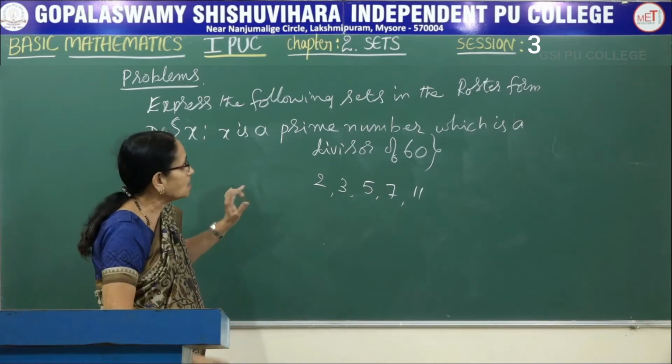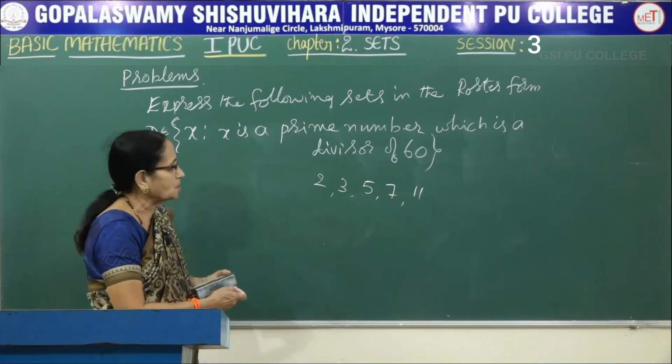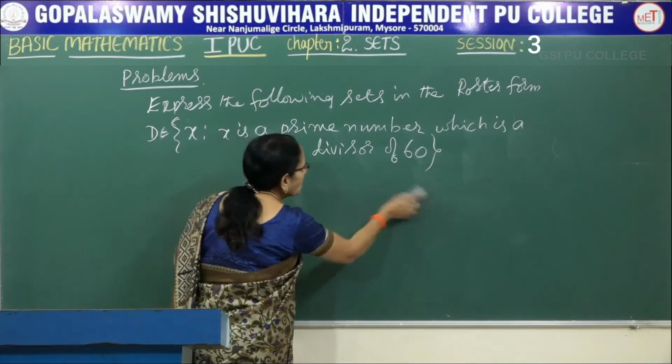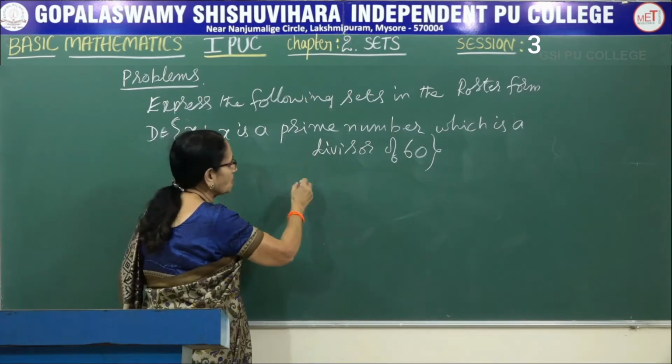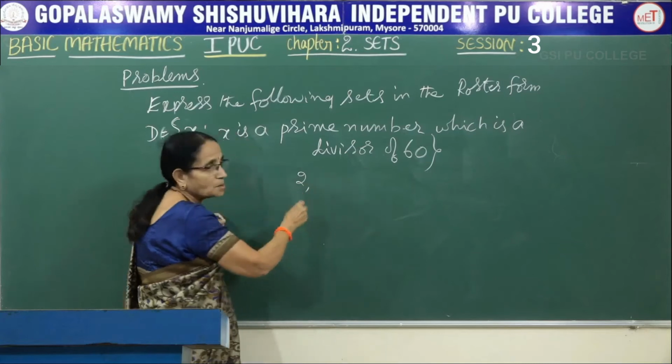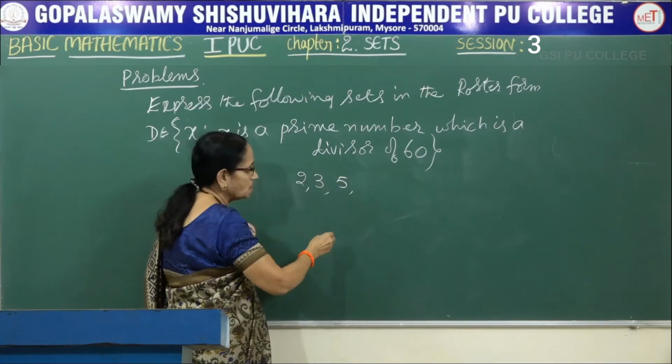But here we are interested in those prime numbers which divide the number 60. Now let me consider the divisors of 60. 1, because prime number means 1 cannot be taken. 2 divides 60. 3 divides 60. 5 divides 60.